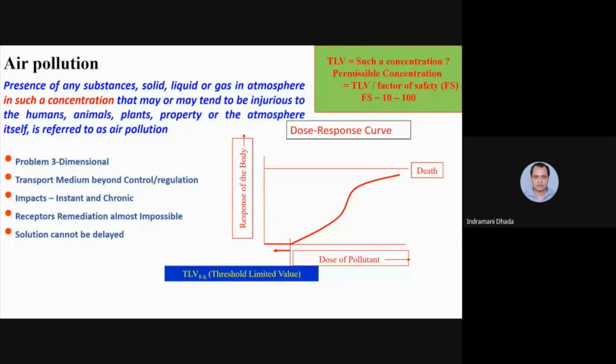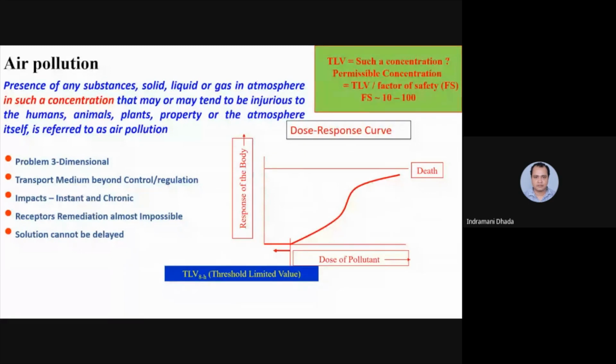It may be solid like particles, liquid like aerosols, or gas. The concentration is very important. Beyond this concentration we say these are pollutants, and if the concentration is less than that, we cannot say they are pollutants.